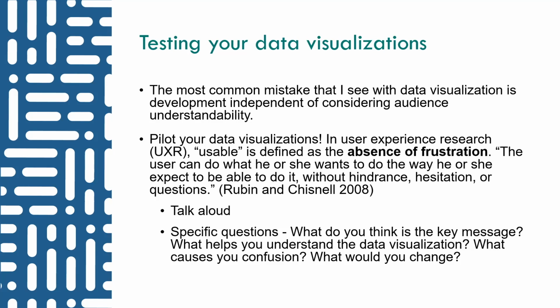You can also consider asking more specific probing questions, like what do you think is the key message from this graph I'm showing? What elements of the data visualization help you understand, or cause more confusion, and what would you change?